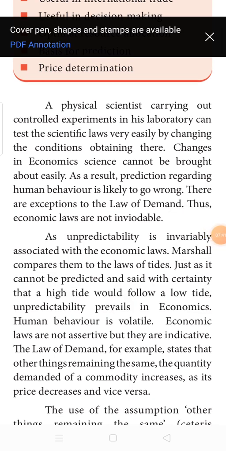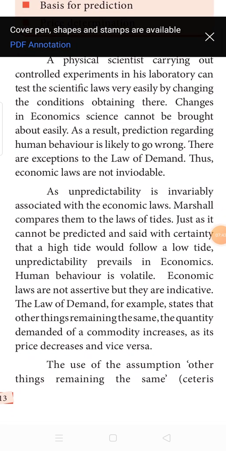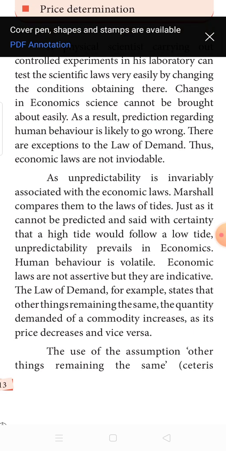But in economics, experimentation is done and results are also predicted, and it is also taken as a law, but it is based on human behavior. The law is experimented only on human behavior. So predictions regarding human behavior are likely to go wrong, because human beings are the most complex personalities in the world.